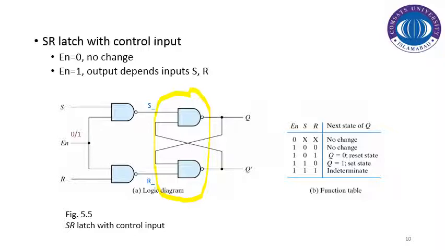These are the two digital gates that are responsible for providing the transition of S and R to our latch. So this latch is known to be the gated SR latch. These gates basically control the flow of the inputs to the circuit with the help of this enable input.